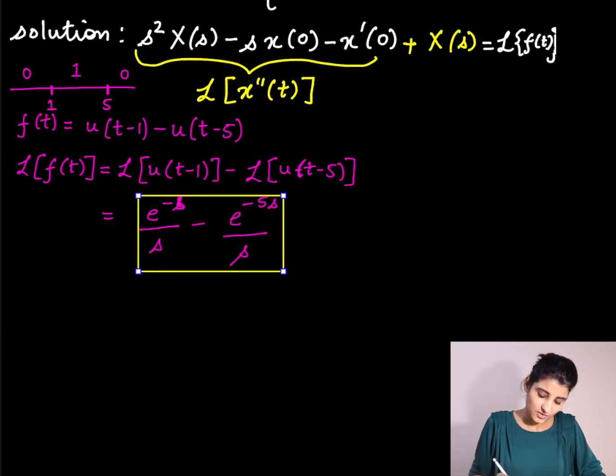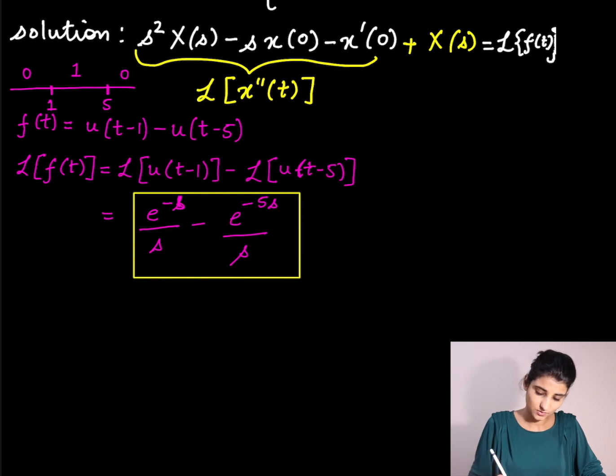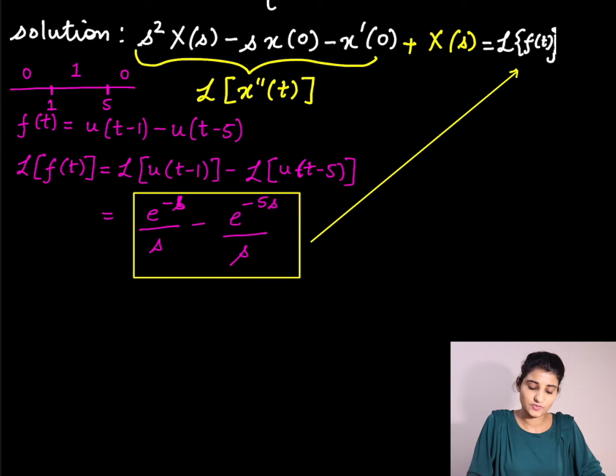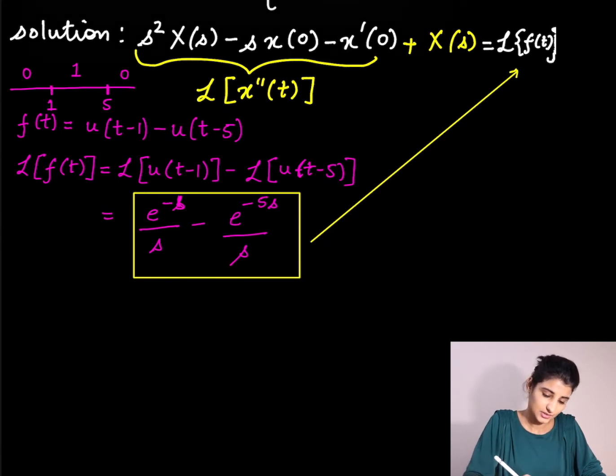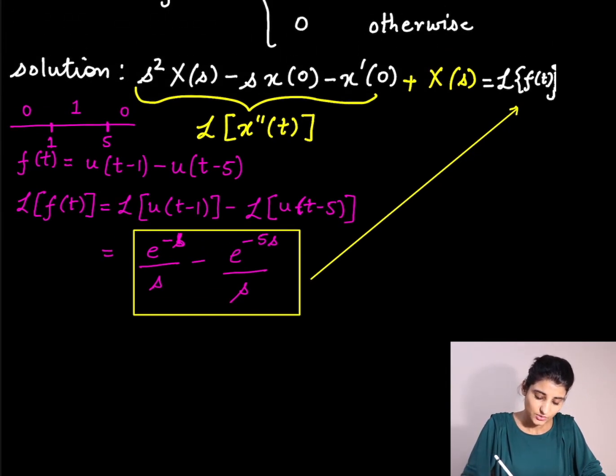Okay, now we will plug this value into our equation over here. So what will we get? Observe here that since x(0) is 0, this value is 0. Since x prime 0 is 0, this value is 0, right?